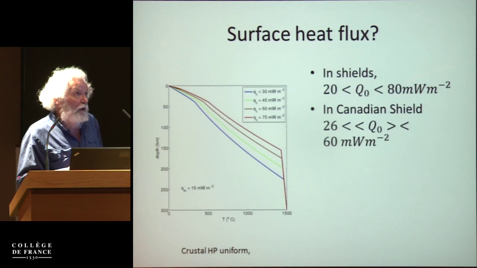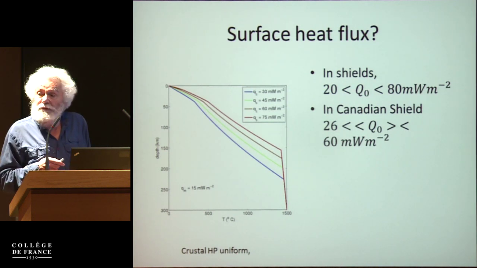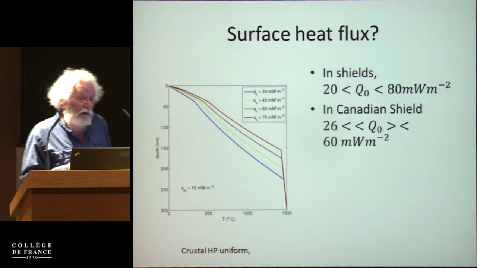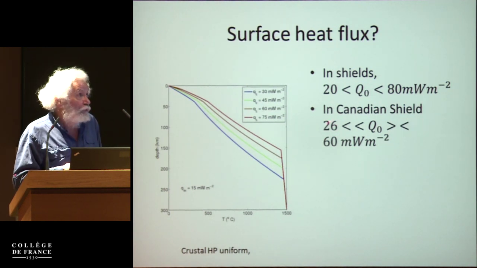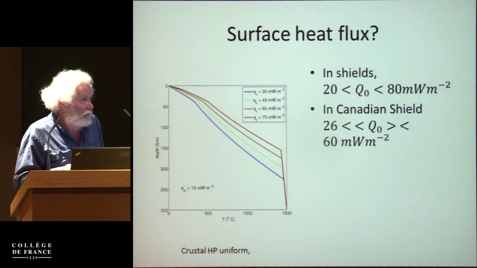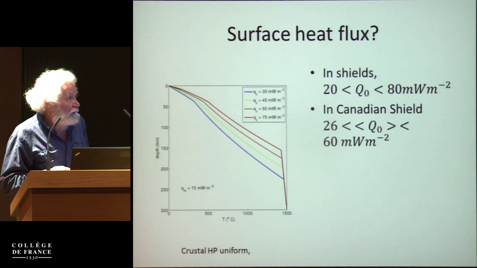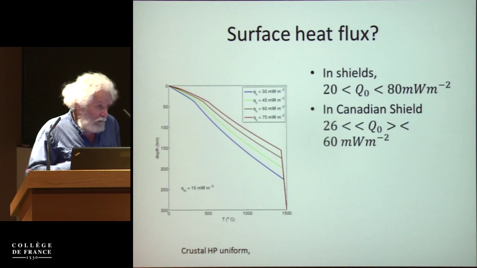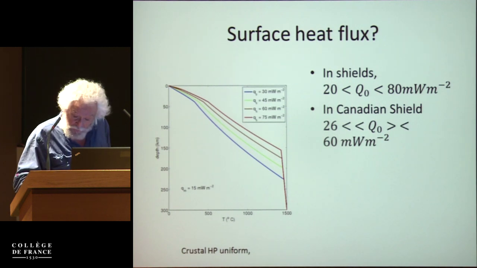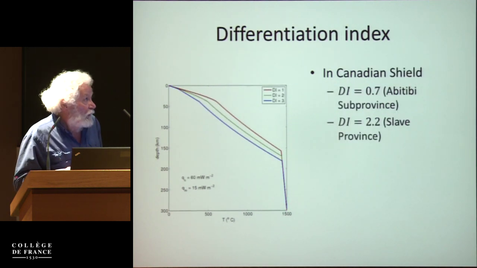We have observed values as high as 80 milliwatts per square meter, but they are really freak values. Standard values in the shield will be between 25 and 55 milliwatts per square meter. But you see the range of geotherms that we can have by varying surface heat flux. In this case, we have crustal heat production uniform.